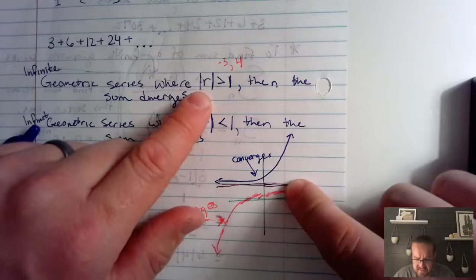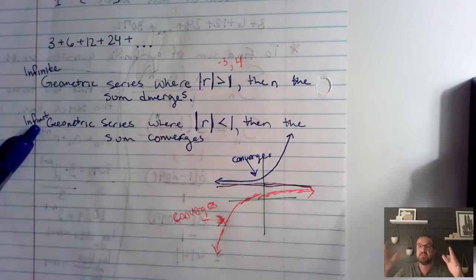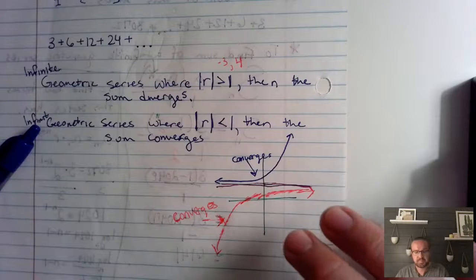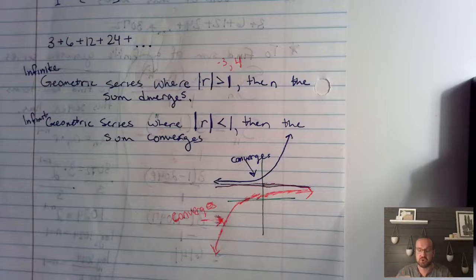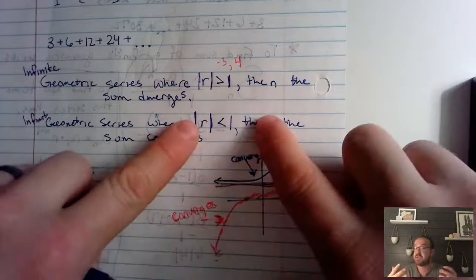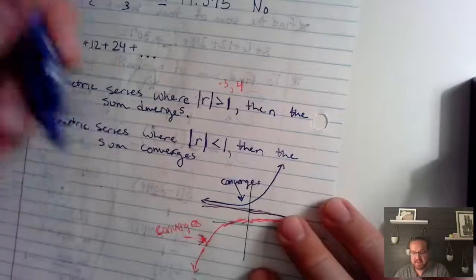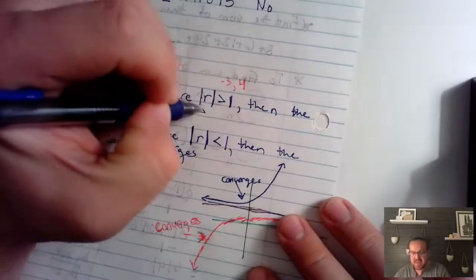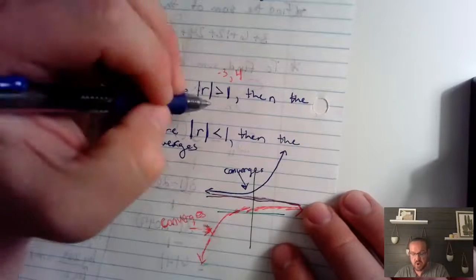This is what happens when r is bigger than 1, or the number in front of the exponent is bigger than 1. So what we are only going to talk about today is diverges. At least for today, we're going to come back next week and talk more about the others.